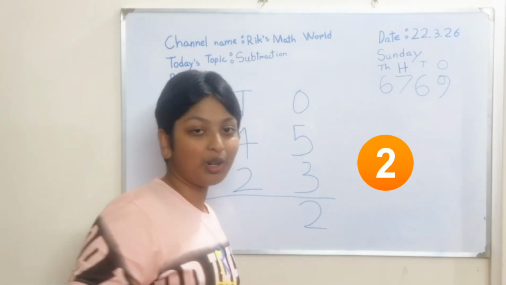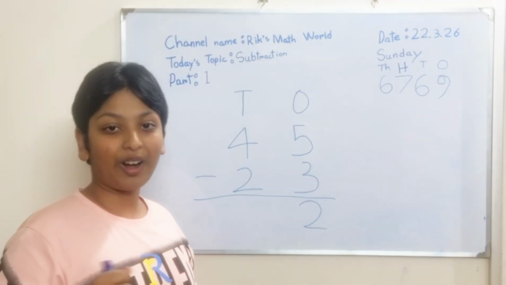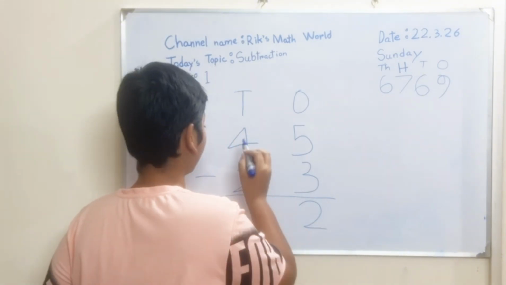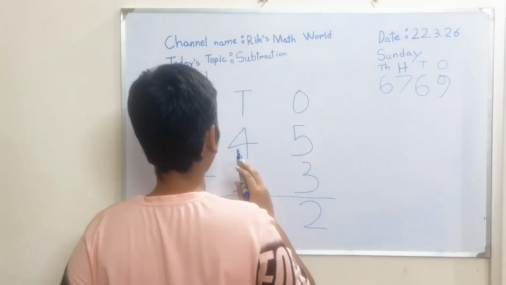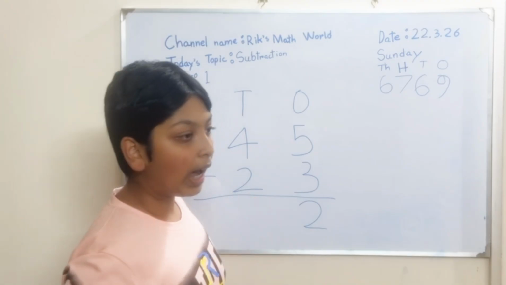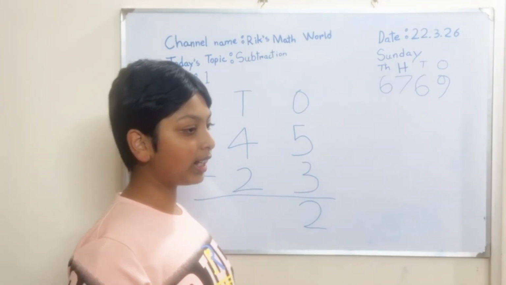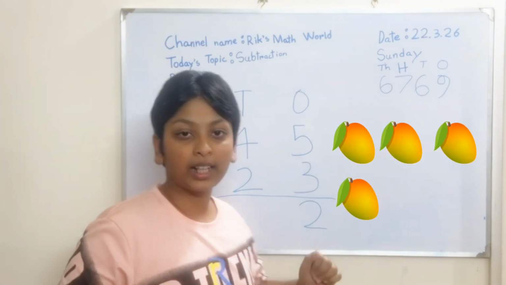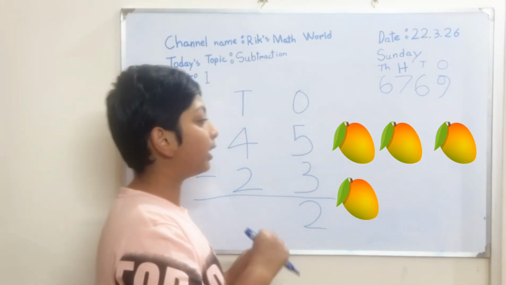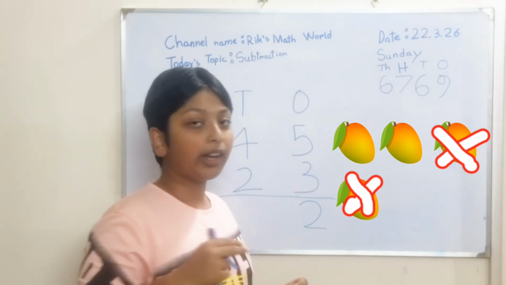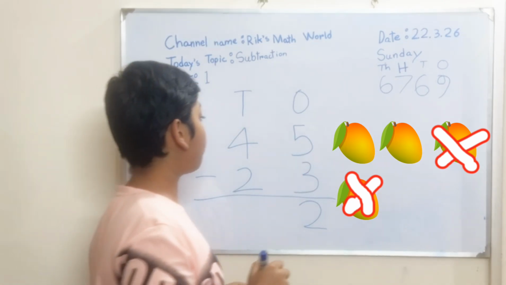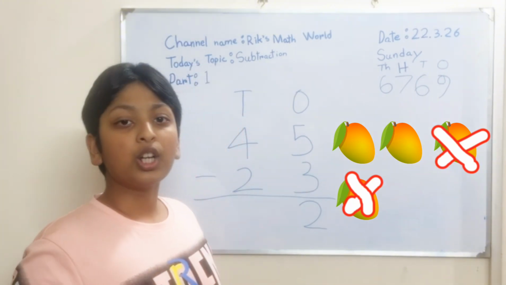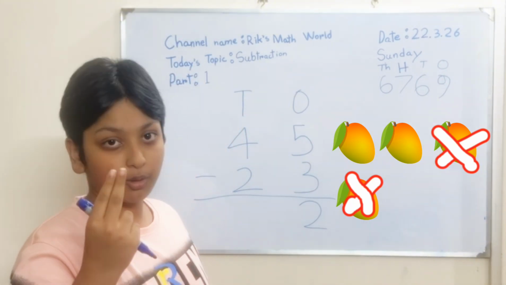Now we will do the tens place. Are you having fun, friends? So here it is written 4 minus 2. So how can you do it? Think that you have 4 mangoes and you want to give 2 of them to your mother.